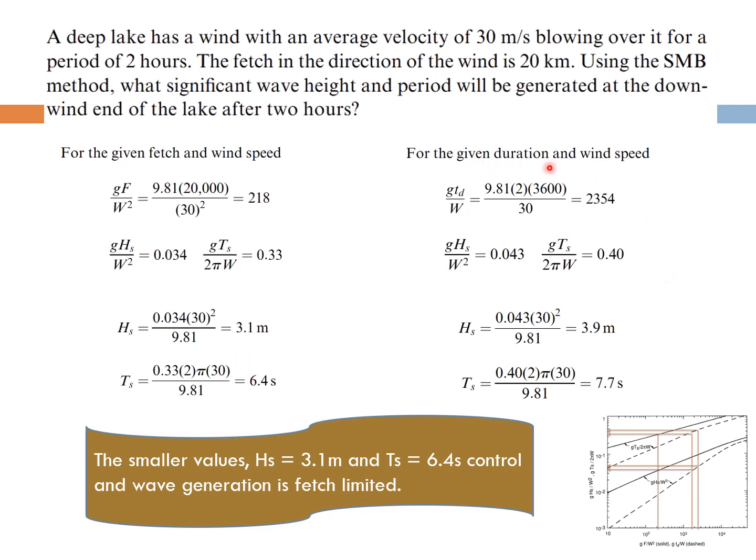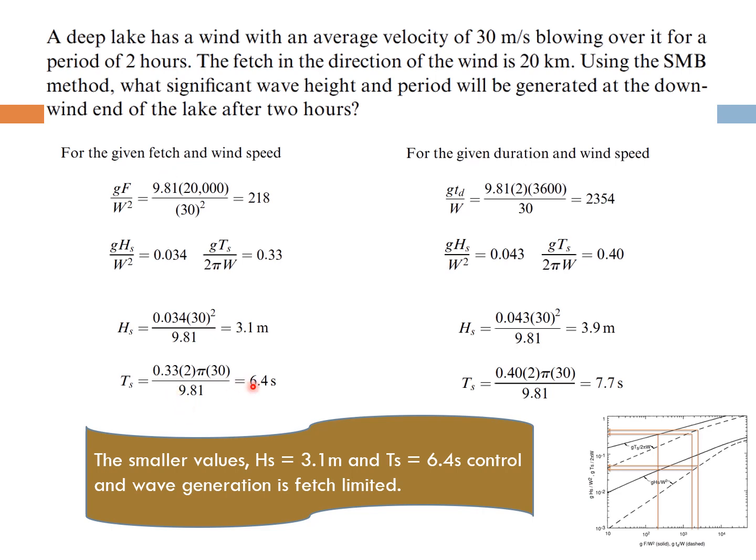Although the effect of wind duration might bring the wave height up to 3.9 meter, right now the fetch is limited. The fetch only can allow it to grow up to 3.1 meter only.